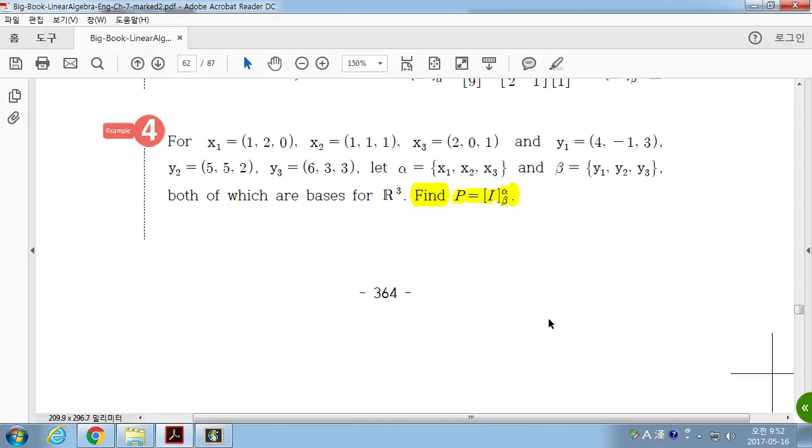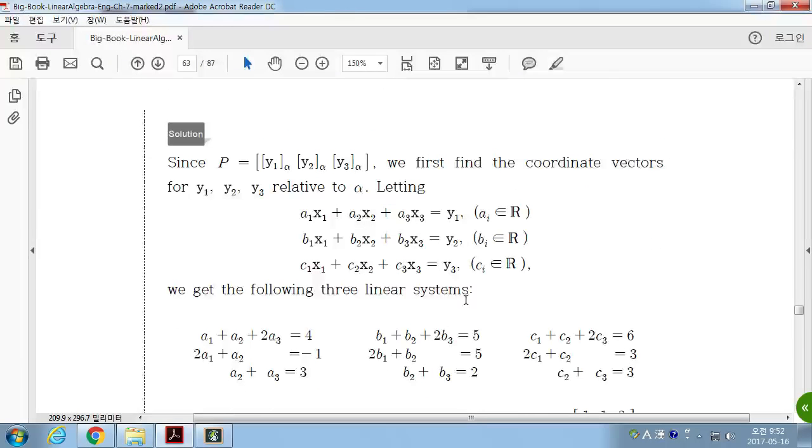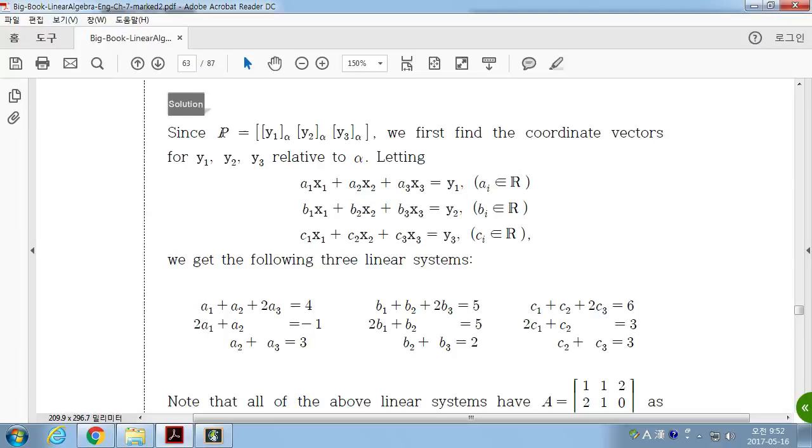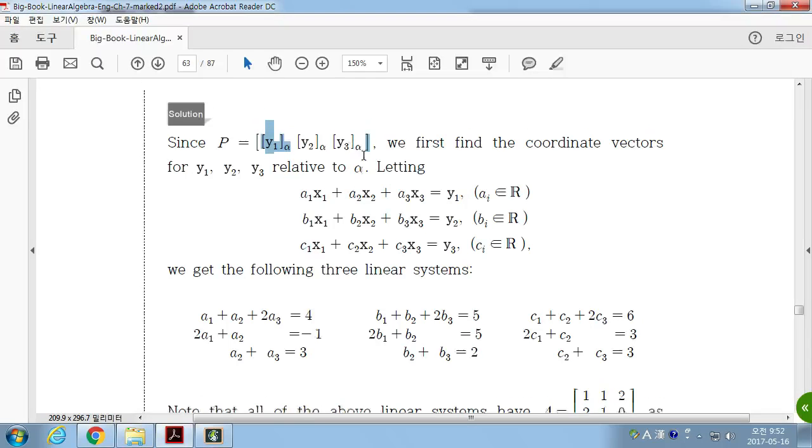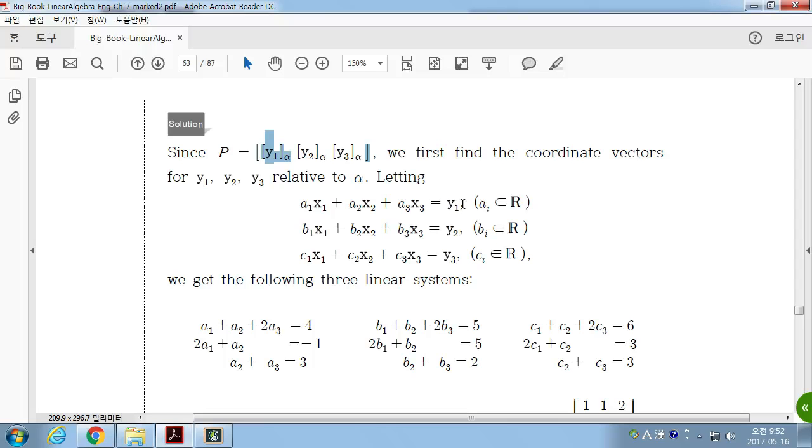How? How? From the definition, all you have to do is find the first column vector and second column vector and third column vector, isn't it? Okay, so y1 should be written as a linear combination of xi's, and y2 should be written as a linear combination of xi's, and y3 should be written as a linear combination of xi's.